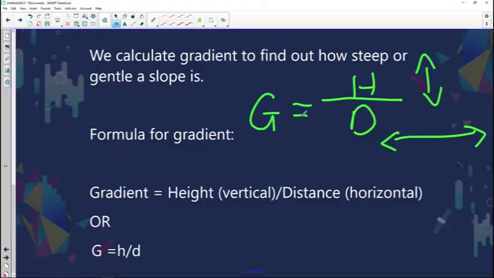So in short, that's our formula. Gradient equals height over distance. And what I usually tell my learners is, it's usually the height difference, because you need to establish what's the difference between the one point and another point. When we calculate the difference between an X amount and a Y amount, what do we need to do?